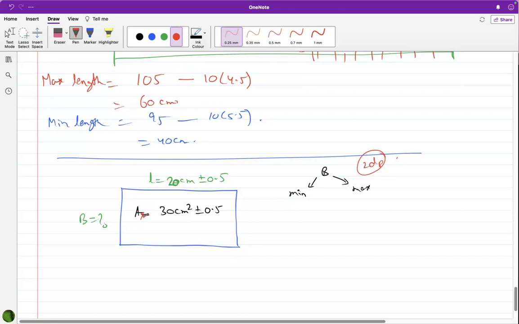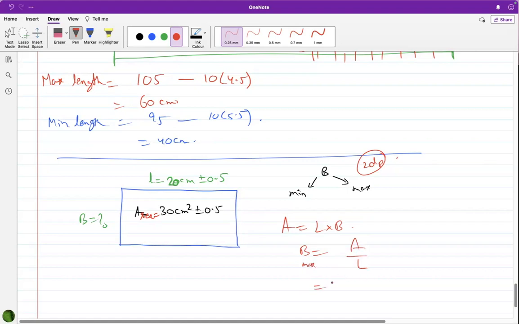So area is given, length is given, breadth is unknown. So we need to find the maximum and minimum breadth of this rectangle. Basically, area is equal to length into breadth. Breadth is area by length.